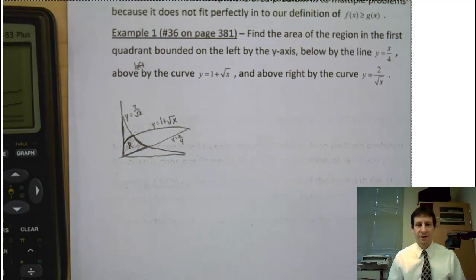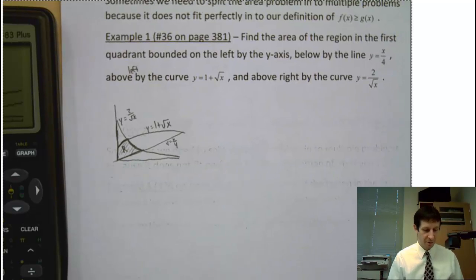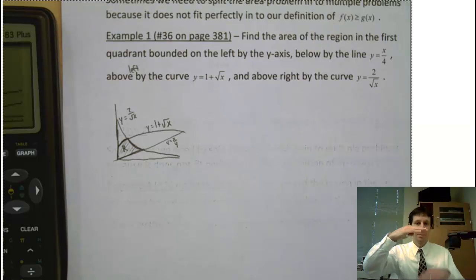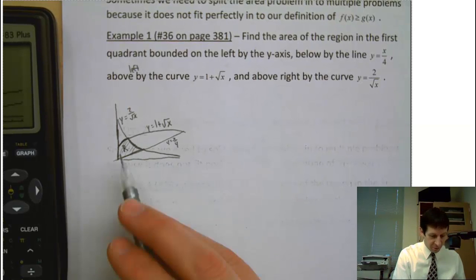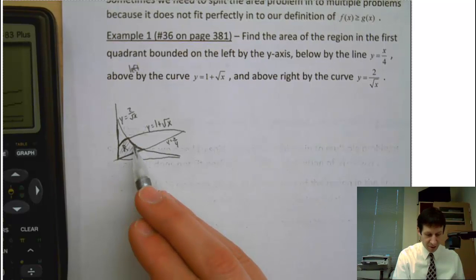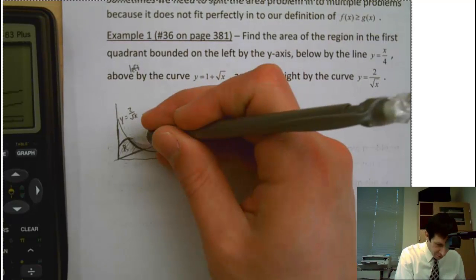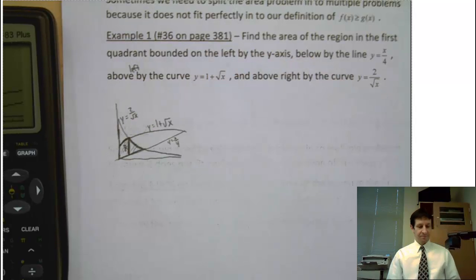Well, there's a further complication here, because everything we did in 7.1, when we looked at our region, there was one function that was the larger function the whole time and one that was down below. And when we look at this, it looks like for part of the time this function is the larger one, and then the other part it's this other one here. So what makes this a day 2 is we're going to need to split this right here.